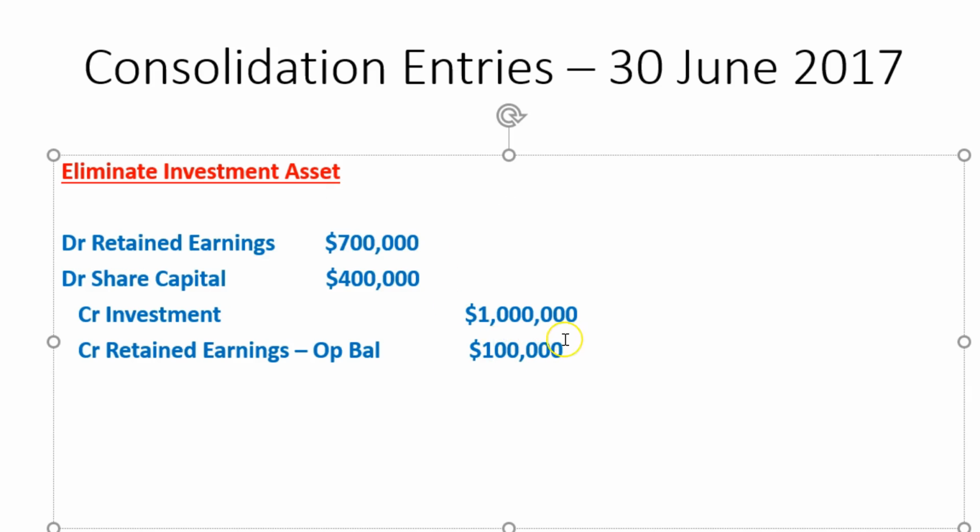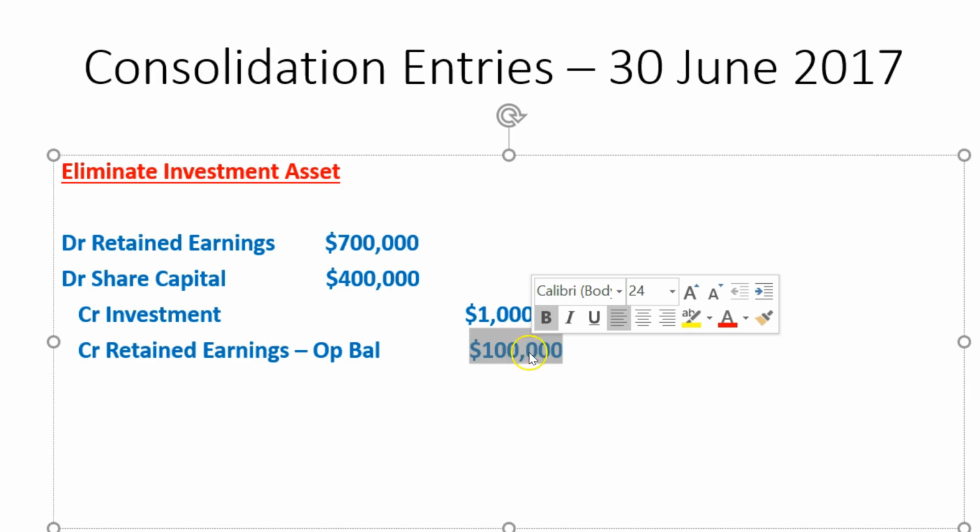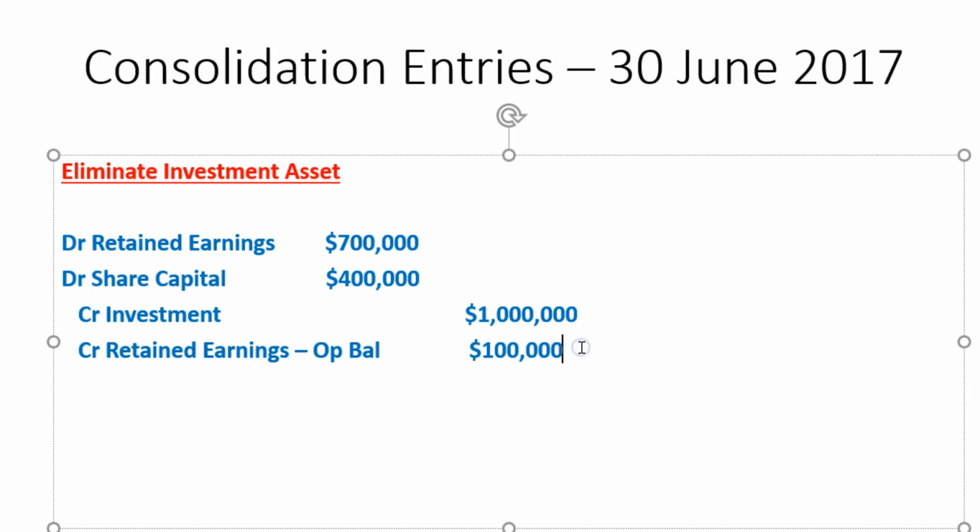So we need to ensure that we increase our retained earnings balance by the $100,000 of the gain that we actually made on the acquisition. It's no longer a gain this year because it happened in a prior period, so it shouldn't go through the profit, but we just need to make sure we make that adjustment to retained earnings to ensure that the equity of that purchase is reflected on our consolidated statements.